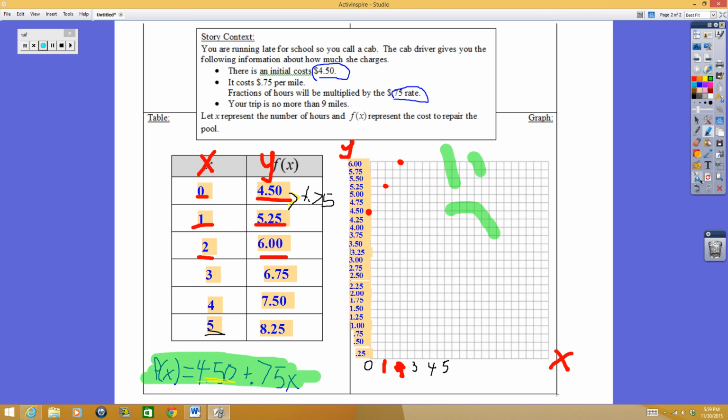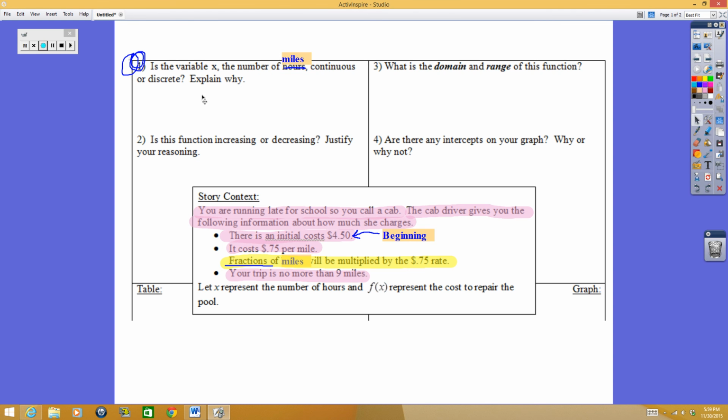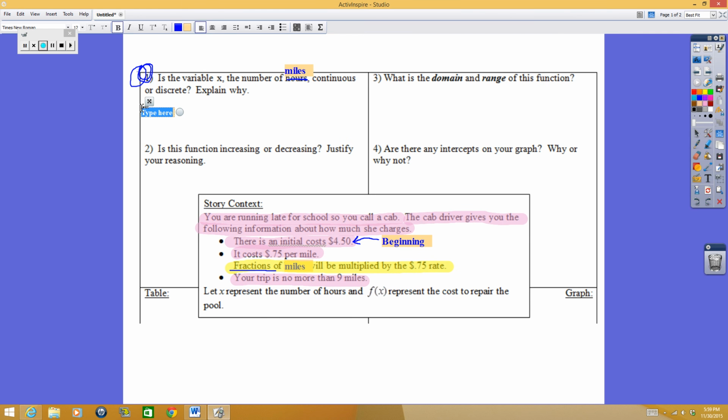I'll tell you right now, if you leave your graph like this, you're not going to get full credit, because since they are telling me that fractions of miles will be multiplied, I'm actually answering number 1. I know that it is going to be continuous.